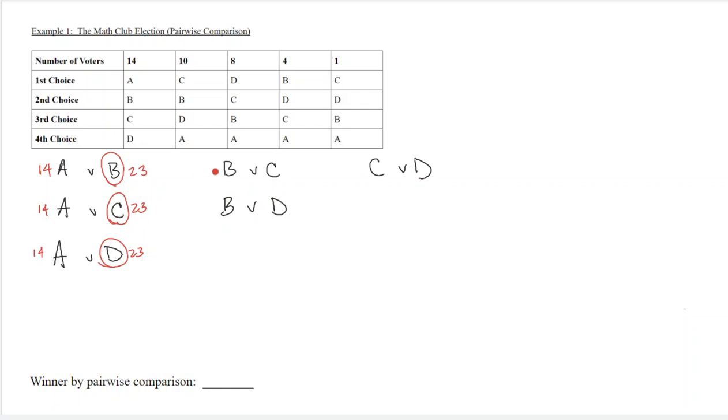B versus C is 18 to 19, C wins. B versus D is 28 to 9, B wins. And C versus D is 25 to 12, C wins. So far, it is exactly the same as Condorcet.